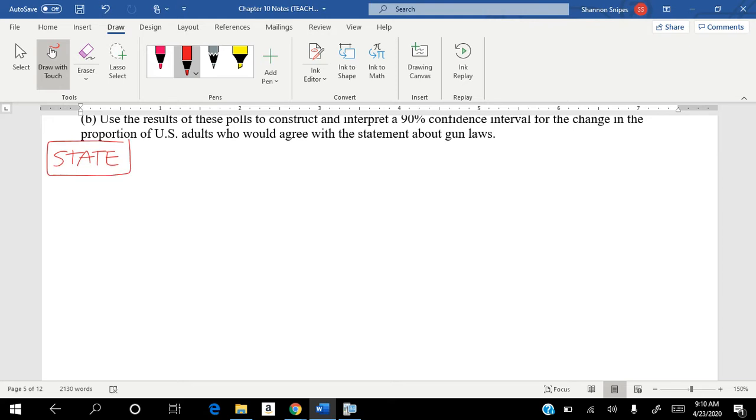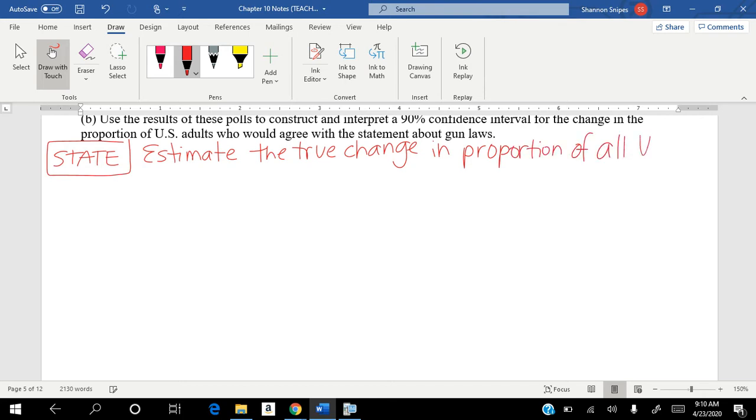Again, we want to estimate the true change in proportion of all U.S. adults who would agree with that statement.